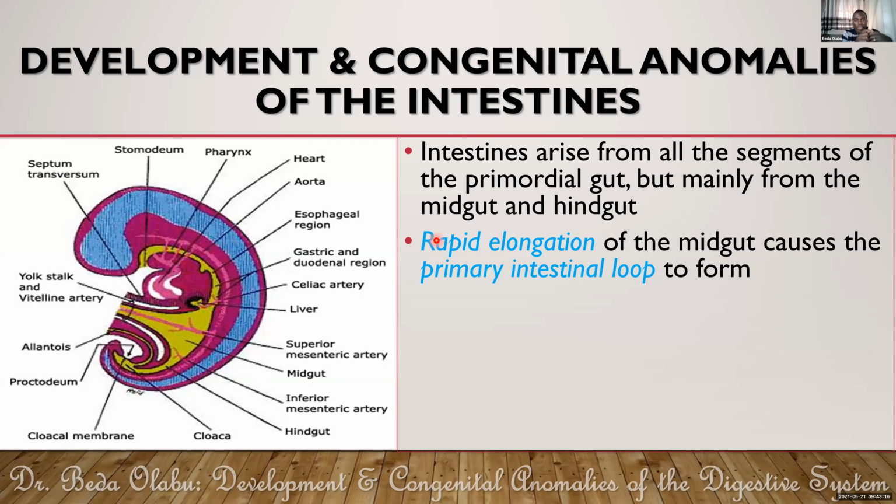The first thing that happens to the gut segment is rapid proliferation. It grows very fast. And because of this faster growth, there is elongation. So rapid proliferation causes elongation of the loop.